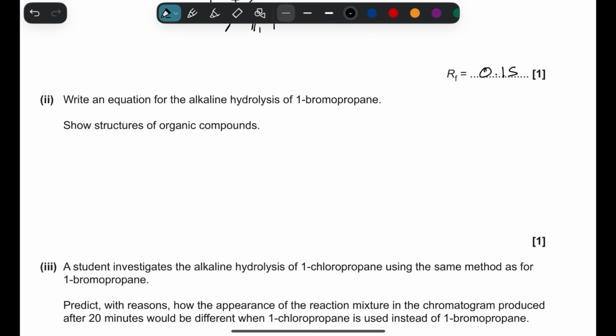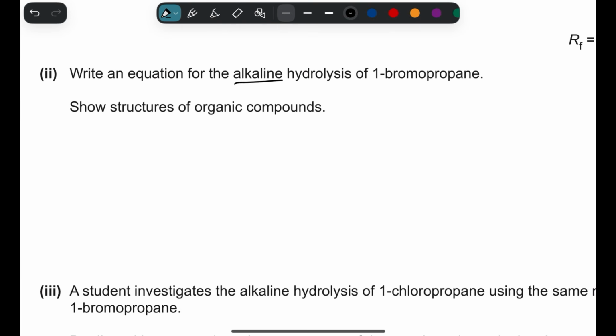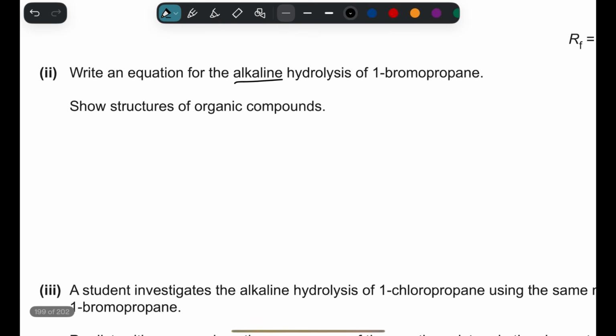Okay, equation for alkaline hydrolysis of 1-bromopropane. Because it's alkaline, and we're talking in the context of making alcohols, we know that we're going to use OH minus. For the structures of the organic compound, I like using skeletal, but for your sake, we will use displayed because it is easier to follow.